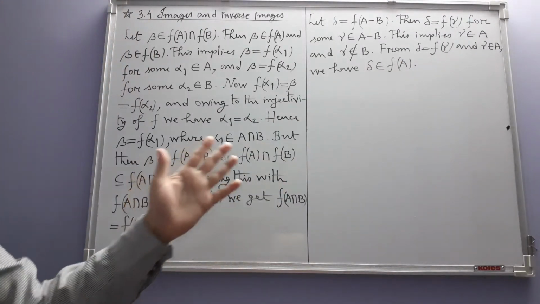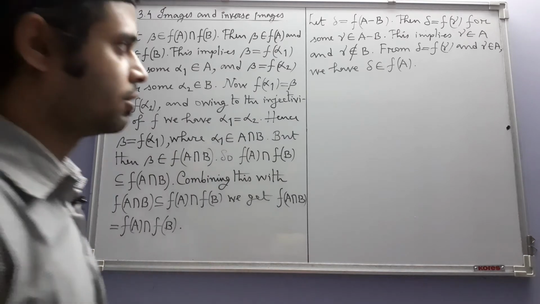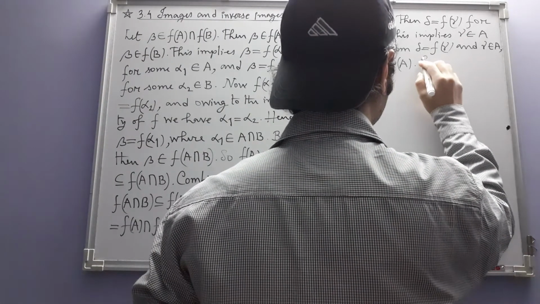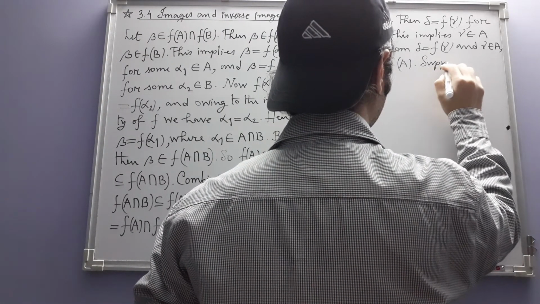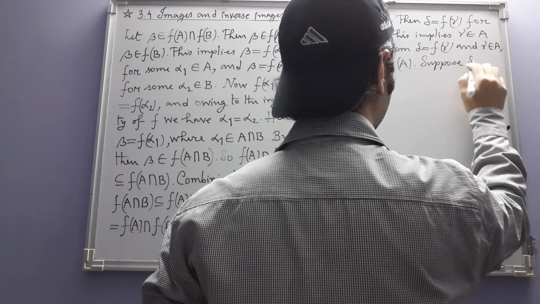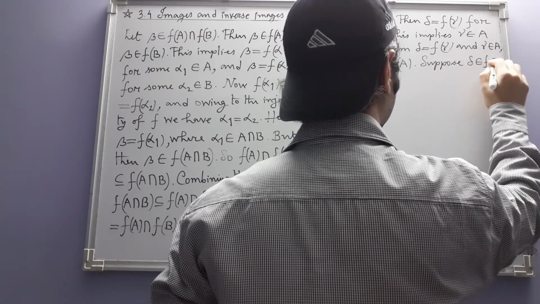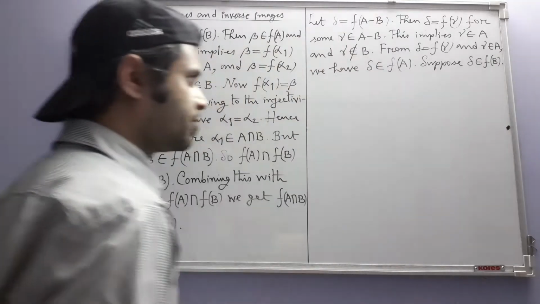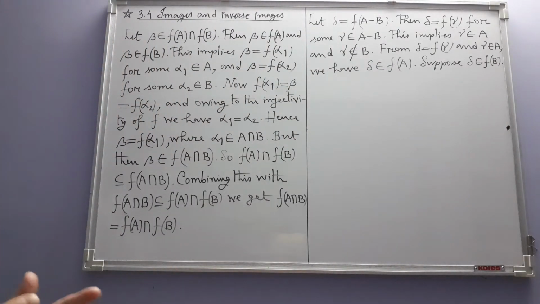So what happens if delta is in f(B)? What goes wrong? So let us suppose delta belongs to f(B). We will prove that this supposition is wrong by trying to arrive at a contradiction.